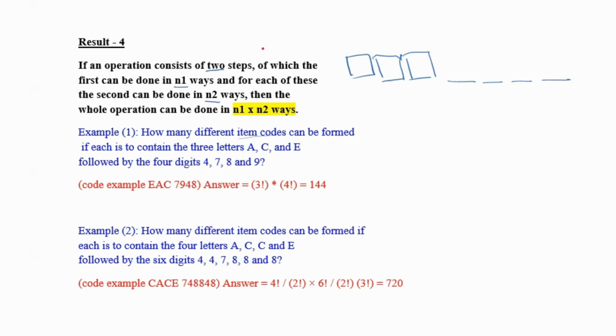So first consider the letters. We have A, C, E. So there are 3 different options that we have. For the first box, we can have 3. Second box, we have 2. Last box, we only have 1 choice because repetition is not allowed. So we have either A, C, E in each of these places, which gives us, yes, you guessed it right, 3 factorial right here.